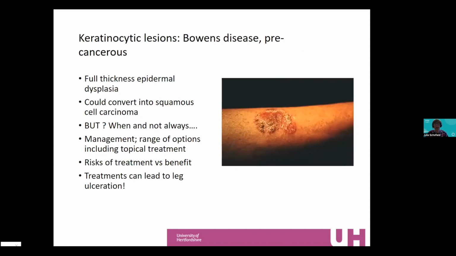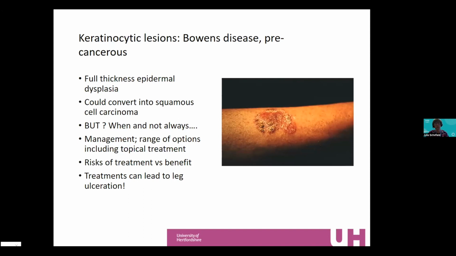Moving on though, and you may see this in your patients if you're managing people with lower limb disorders. This is an important thing to identify, which is called Bowen's disease. And Bowen's disease is kind of the next step. An actinic keratosis will show abnormal cells or abnormal keratinocytes, but we don't worry too much about them.